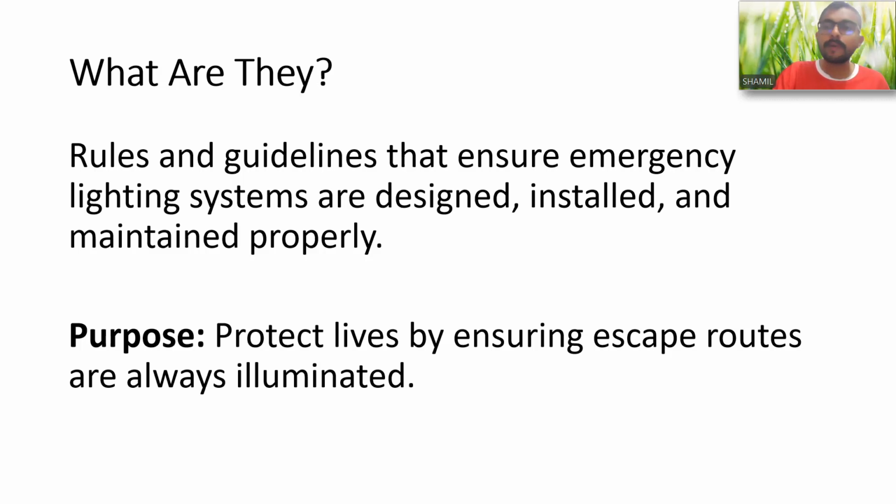The purpose of having an emergency lighting system is basically to protect lives by ensuring safe escape routes. This can be done by illuminating the routes properly, so that the occupants can evacuate safely. So this is why we have a set of codes and standards.